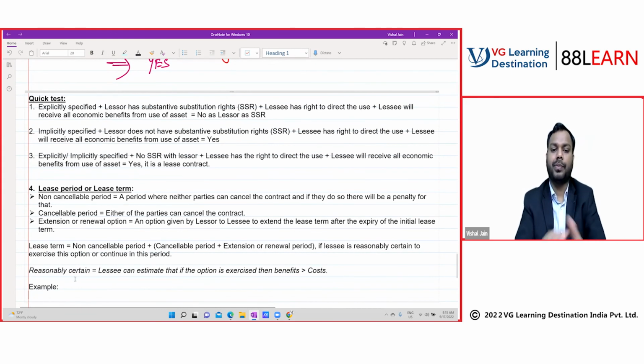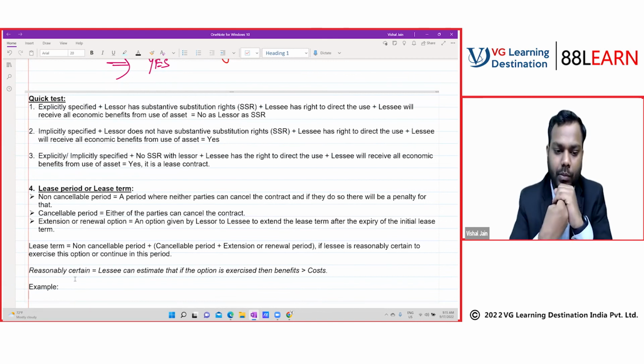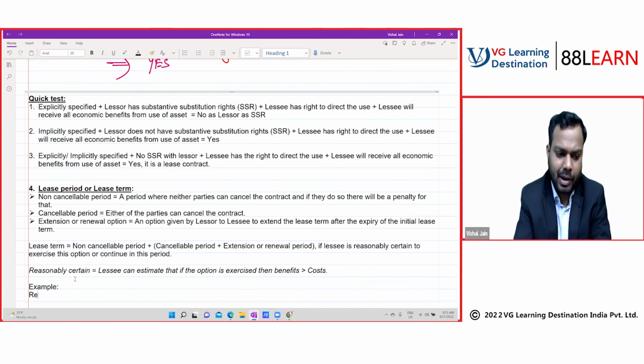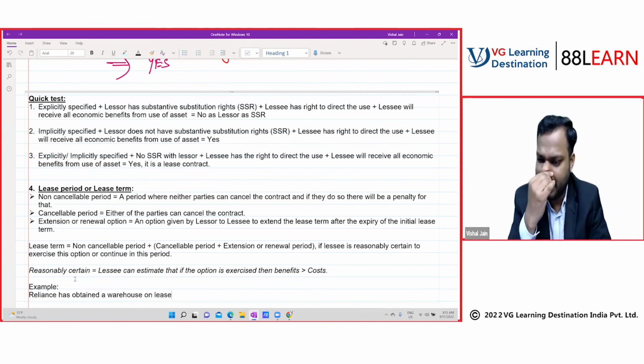What is the example for this? Okay, let's suppose Reliance. I'll give you an example. Reliance has obtained a warehouse on lease.